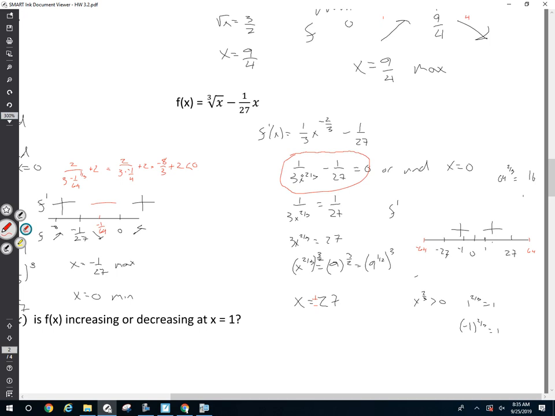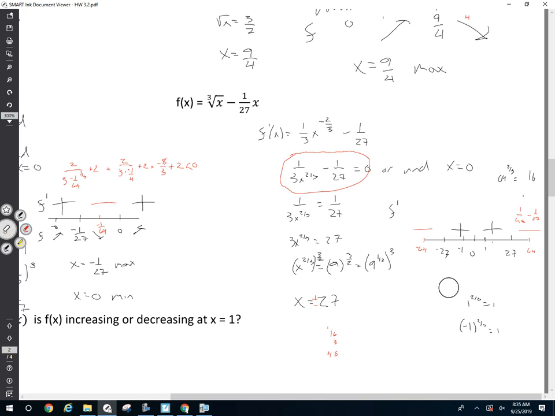Going back, plugging in something like 64 or negative 64 will give me the same value: 16. 16 times 3 is 48. 1/48 minus 1/27 is going to be negative. This will be the same thing, a negative.